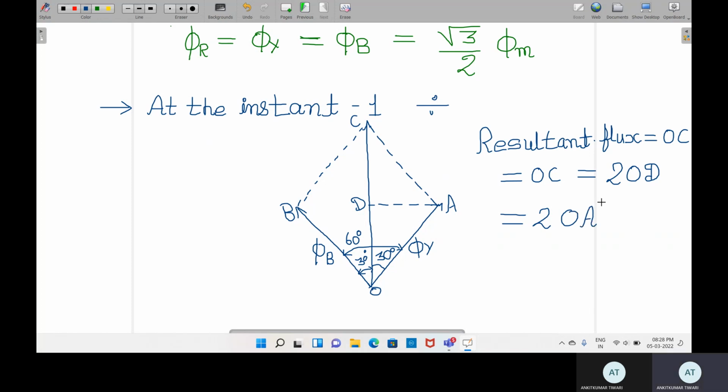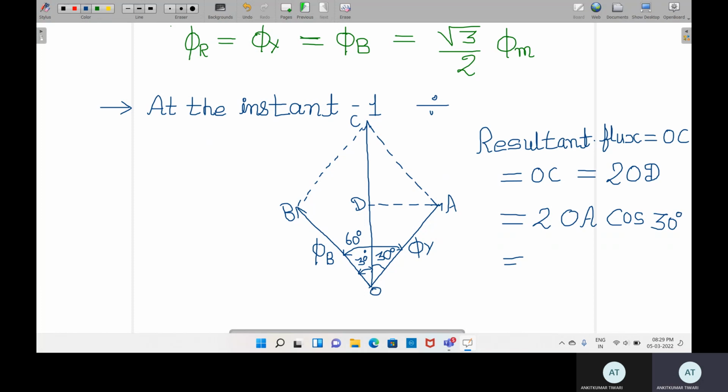But OA is at a specific angle from OD, so that is cos 30 degrees. The angle between OD and OA is 30 degrees, so I will write it as 30.